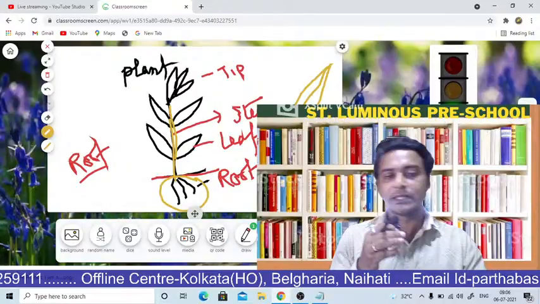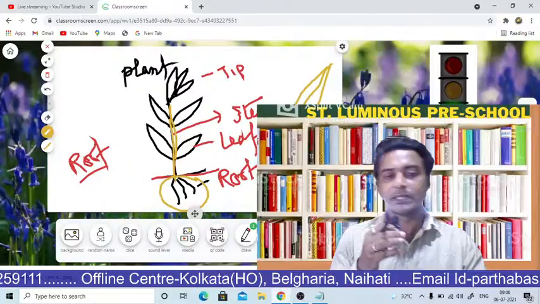Suppose this is the leaf portion of the plant, this is the apex of the leaf. It has a main vein that is called the midrib or main vein, and the presence of secondary veins. So this is a complete leaf.